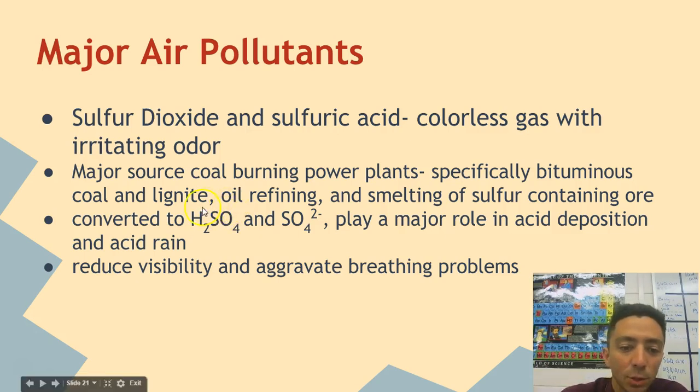These sulfuric acid droplets can also react with ammonium to form ammonium sulfate, which is a solid particle, and that'll still be suspended in the air, and it can reduce visibility. Those can also build up in your lungs and create some problems there. But so the ammonium sulfate is going to be a component of gray air smog, which is what you see in Asia and China, where they burn a lot of this bituminous coal.